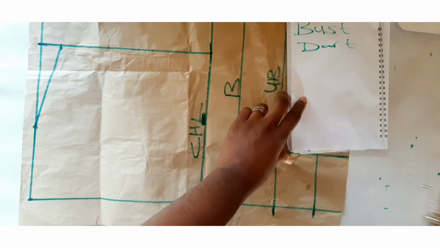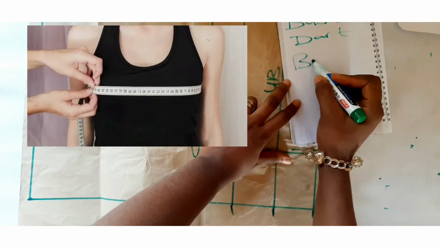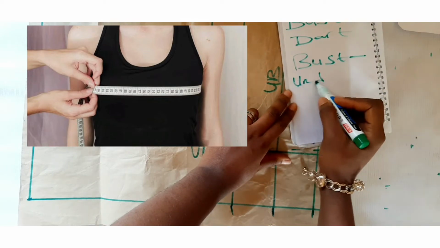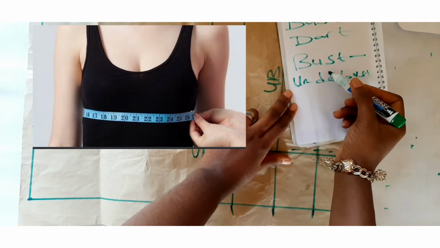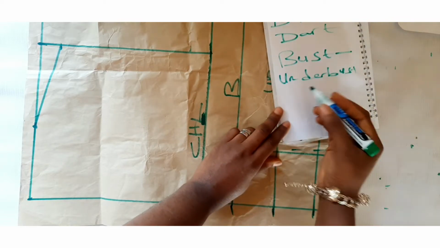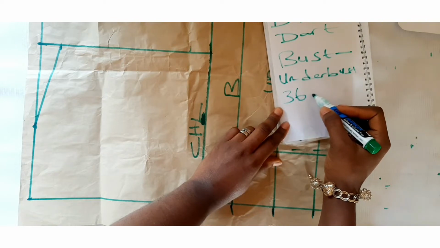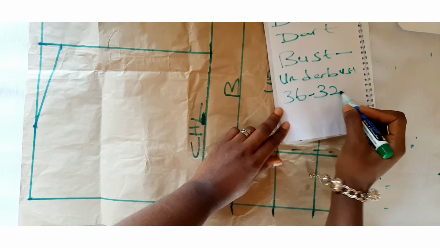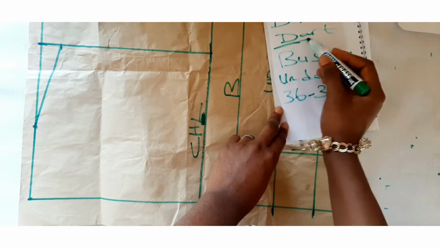You're going to take away your bust circumference minus your under bust. If your bust circumference is 36 and your under bust is 32, you're going to subtract it. Your bust circumference minus your under bust gives the bust dart.